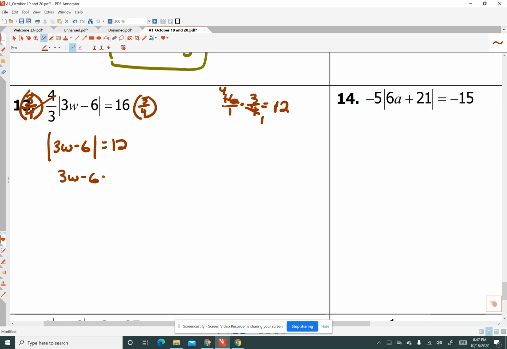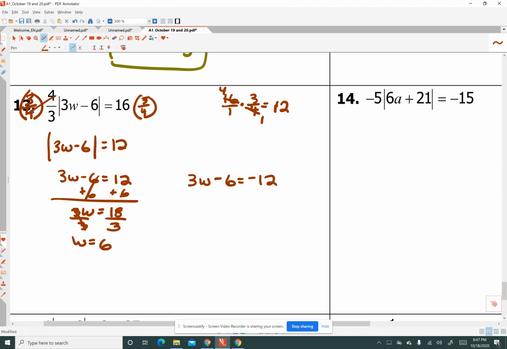3w minus 6 equals 12, and 3w minus 6 equals negative 12. Add 6 to both sides. 3w equals 18. Divide both sides by 3, and w equals 6.